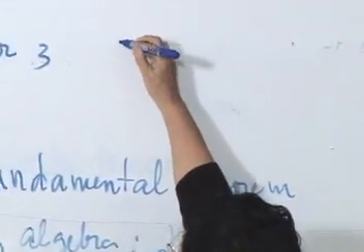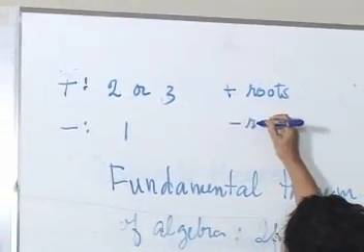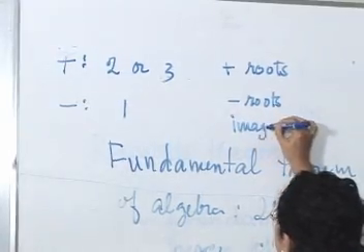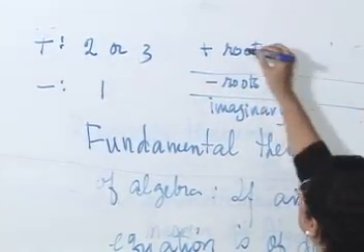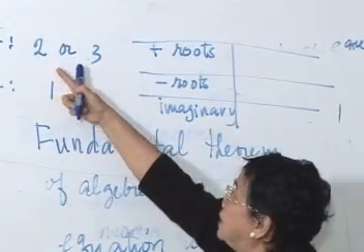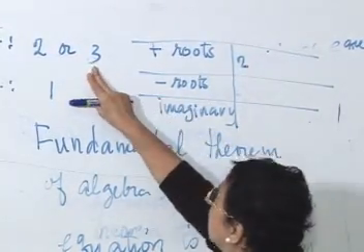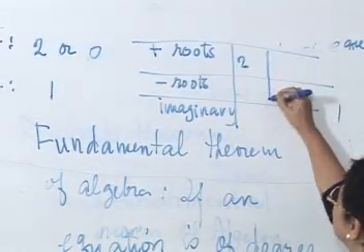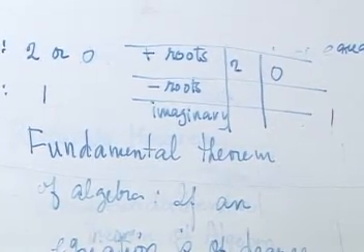So, the positive roots, these are the possibilities, negative roots, imaginary. For positive, it is either 2 or 0.